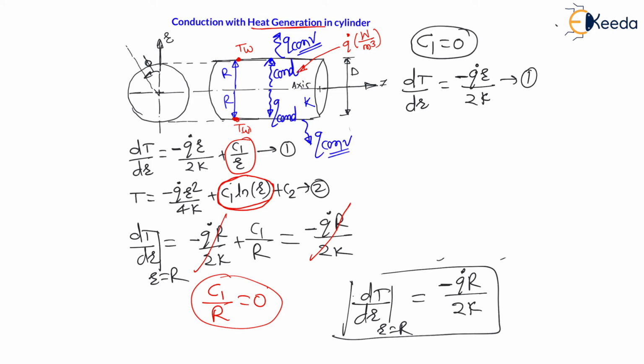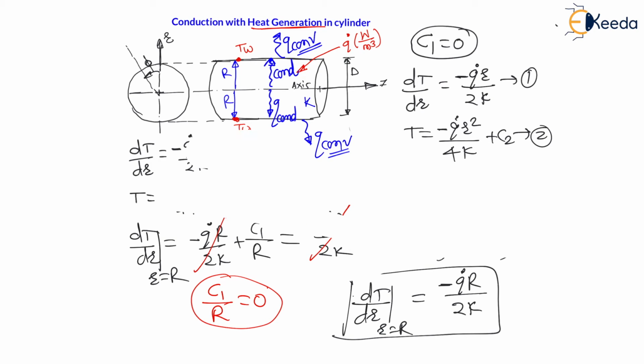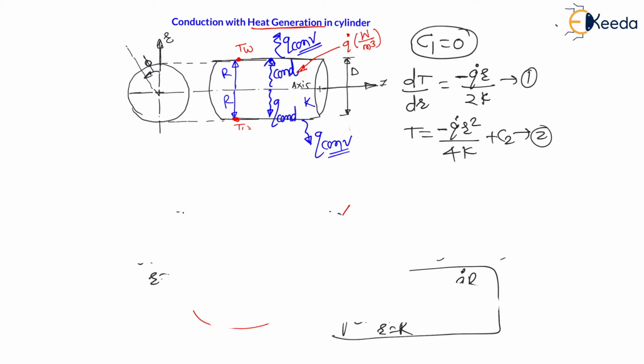This is the first expression, and the temperature will be equal to minus q dot R square divided by 4k plus C2. This will be our second expression, right? These two derived expressions replace the earlier ones. So, my dear students, for analysis we will use these two new equations.